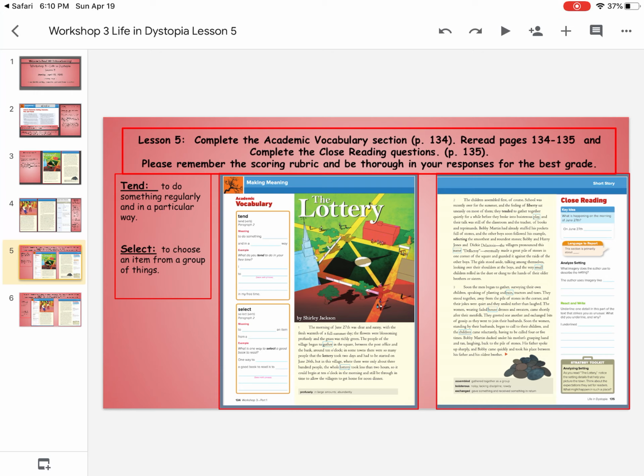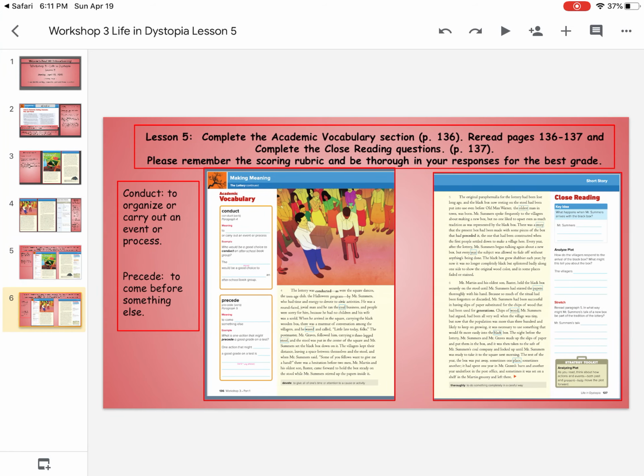So make sure that you do your best and find text evidence to answer these, okay? All right, now, once you have finished that, we're going to do the same thing on pages 136 and 137.